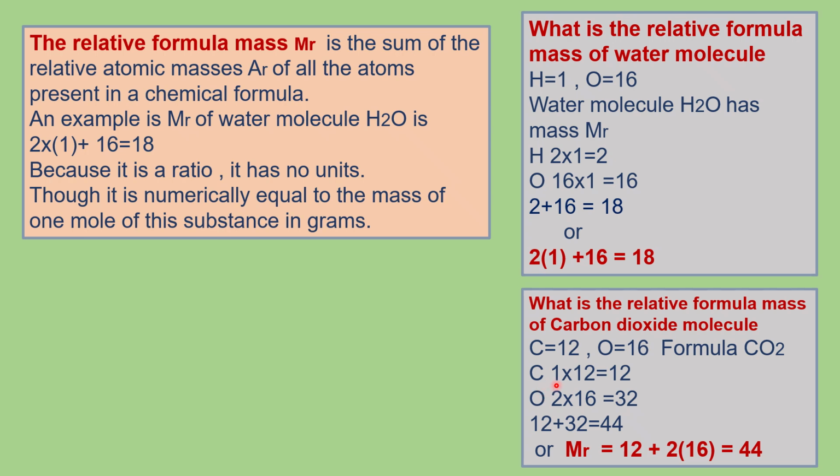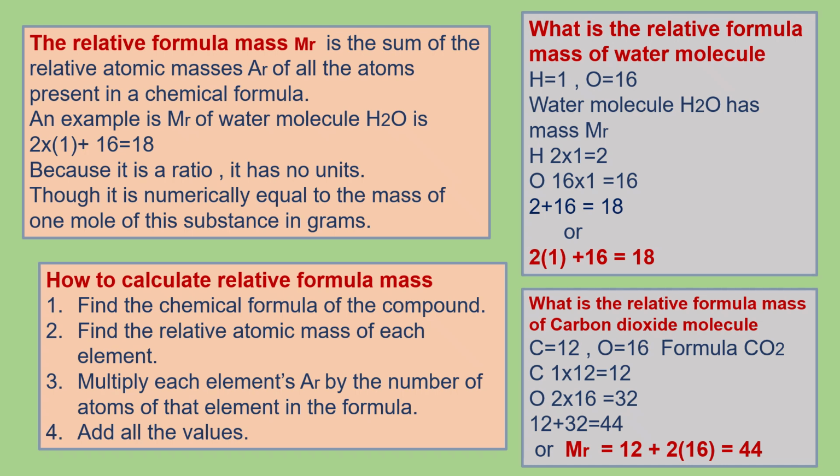It is 1 atom, so it is 1 multiplied by 12, and the answer is 12. Oxygen, there are 2 atoms. 2 times 16 is 32. Then you add all the values. 12 plus 32 is 44. I like to calculate them in one step by saying 12, because there is 1 atom only, plus 2 atoms of oxygen, times 16, and you do the multiplication first before you do the addition.